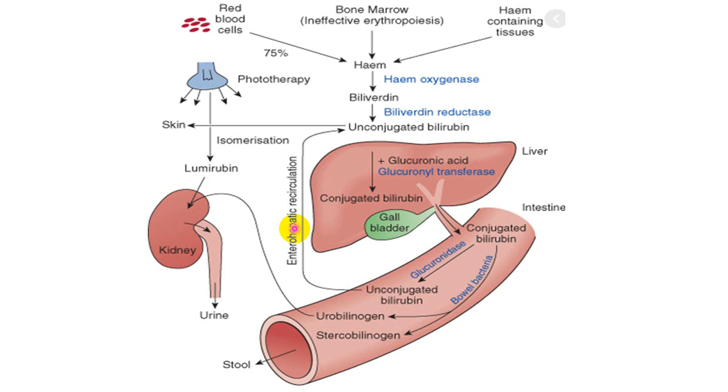About 80 to 85% or more than 75% of this amount resulting from the breakdown of hemoglobin in the RBC during normal red cell turnover. The remaining amount, which is about 15 to 20%, result from turnover of hemoprotein presented in other tissue, mainly skeletal muscle, in the form of myoglobin.